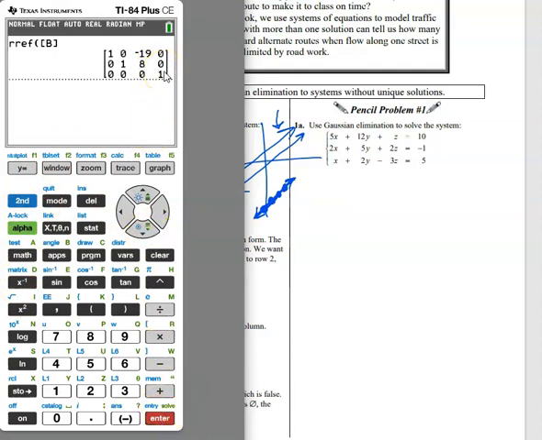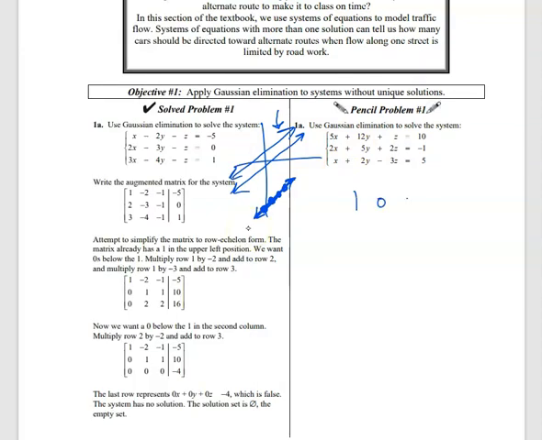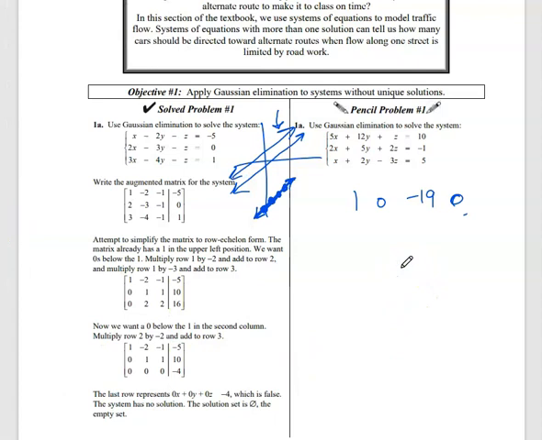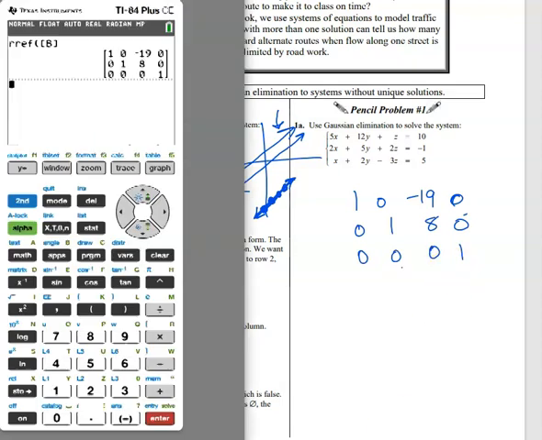Okay, so I'm going to write this down: I have 1, 0, -19, 0. Then 0, 1, 8, 0. And then there was this kind of funny looking row that went all zeros and then 1 like this. Okay, so that's the result.